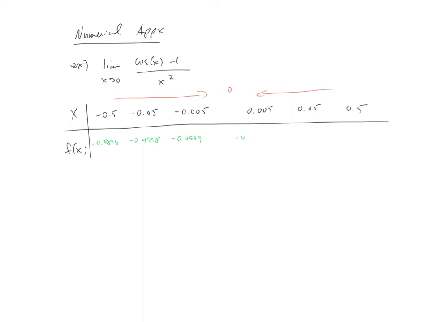So this would be negative 0.4999, negative 0.4998, and negative 0.4896. As we approach zero from both directions, you can see where we're headed. It looks like the answer here would be negative 1/2. So as we approach zero from both directions, the y value output would be negative 1/2.